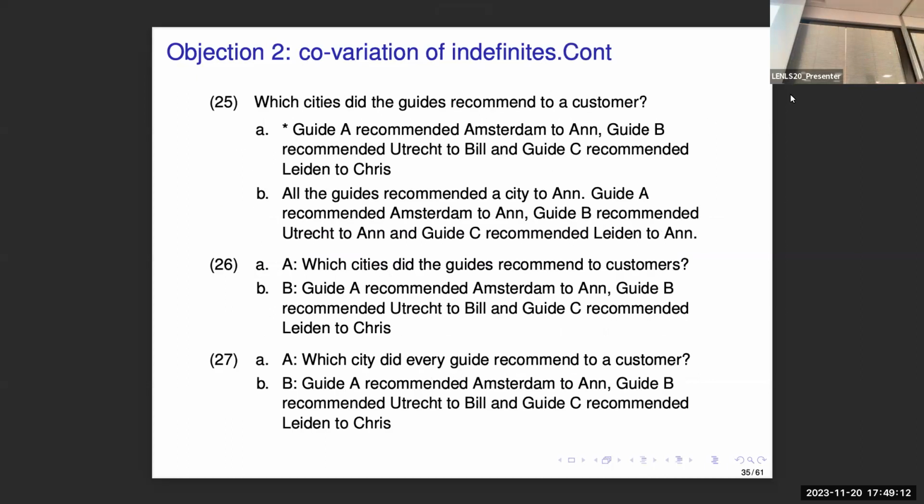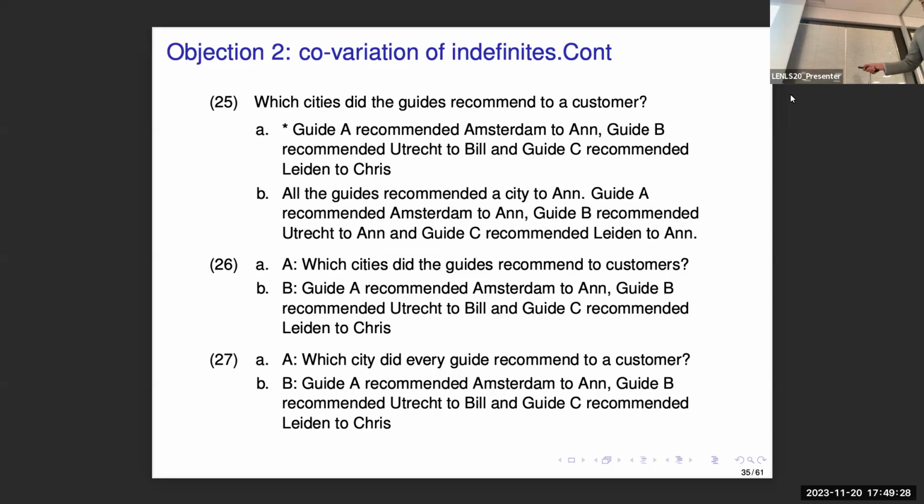And if you compare these 3 questions, which cities did the guys recommend to a customer? It's hard to get a pairless reading here. It sounds like there's one customer such that different guys recommend different cities.